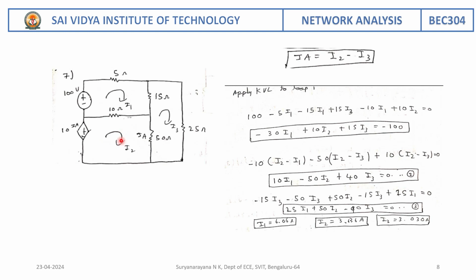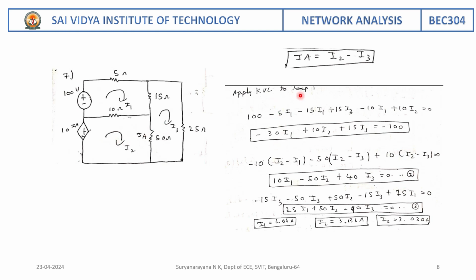Therefore, we have to consider this IA, the current that is flowing through the 50 ohm, which is nothing but the difference between these two currents. So on observing this network, we write the first equation: IA is nothing but I2 minus I3, because they are in opposite direction.